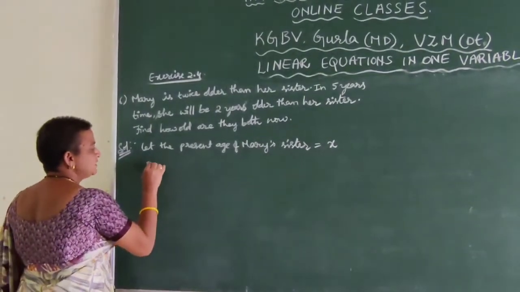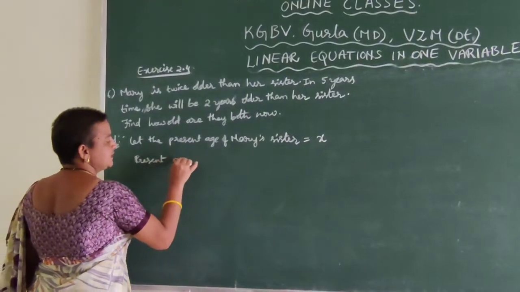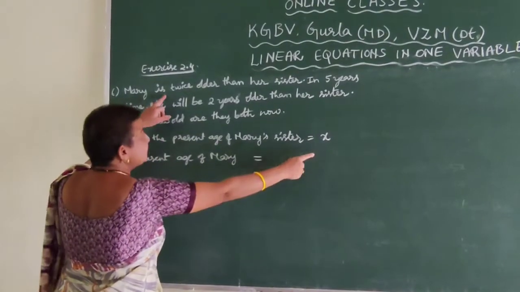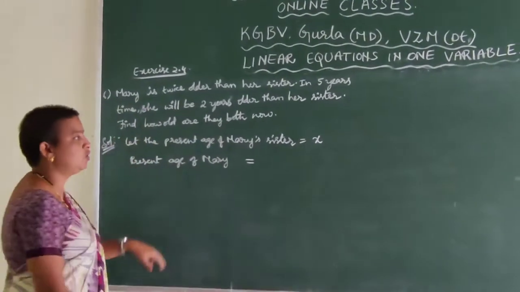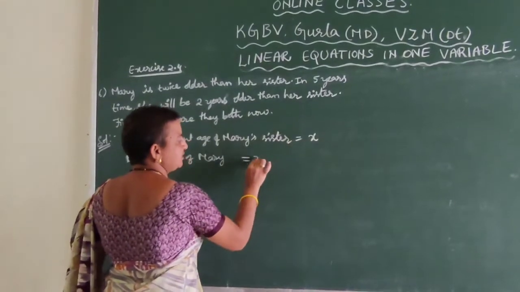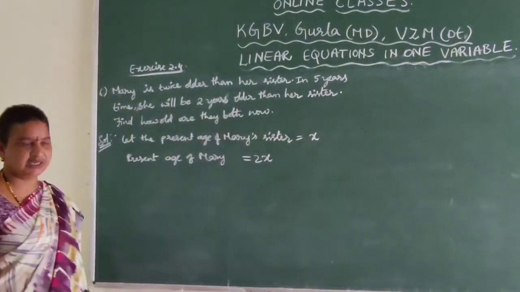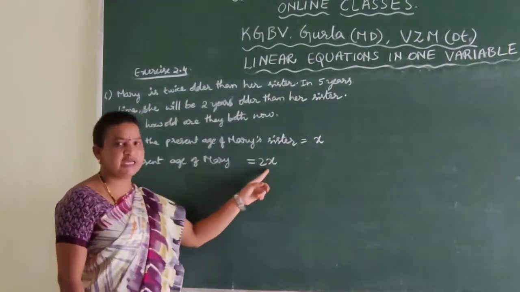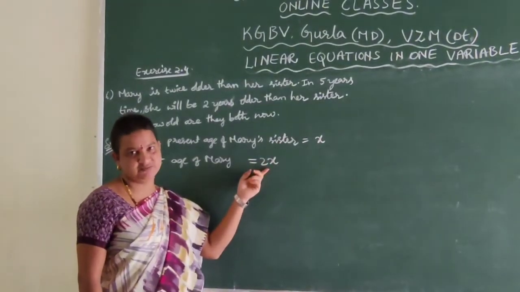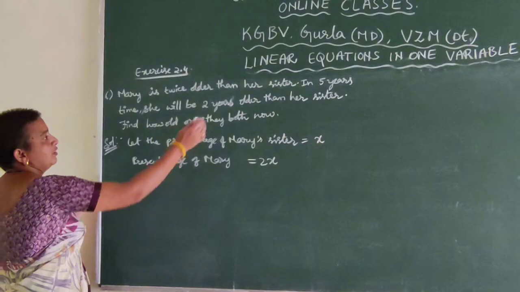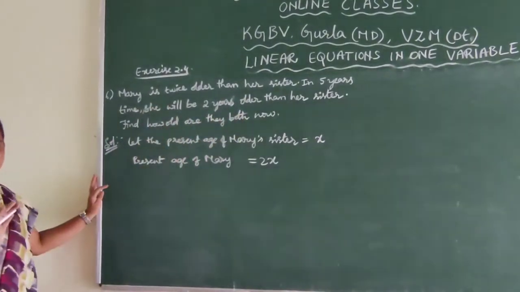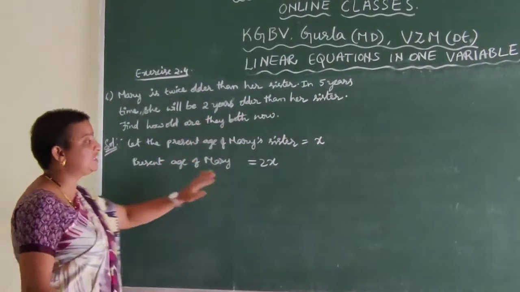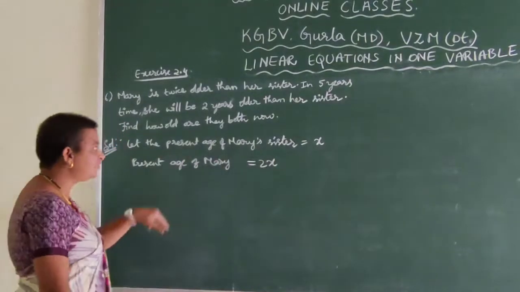Now, the present age of Mary is twice older than her sister. So, twice means twice of x becomes 2x. If the age of her sister is x, then the age of Mary is twice of x, means 2x. Next. In 5 years' time means after 5 years. After 5 years she will be 2 years older than her sister. Okay. After 5 years.